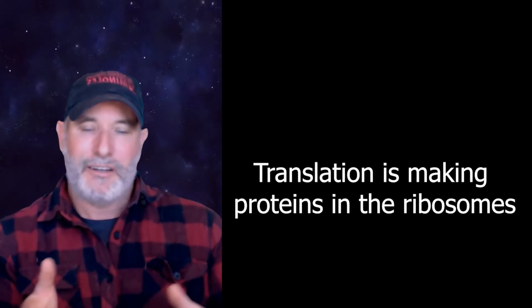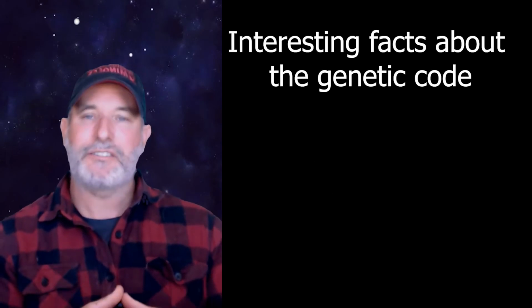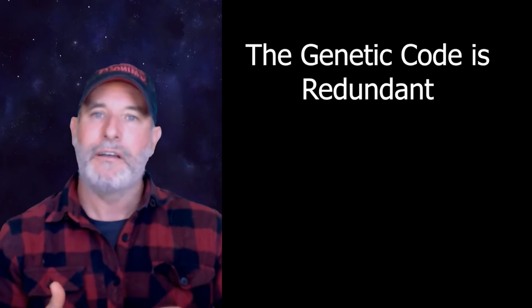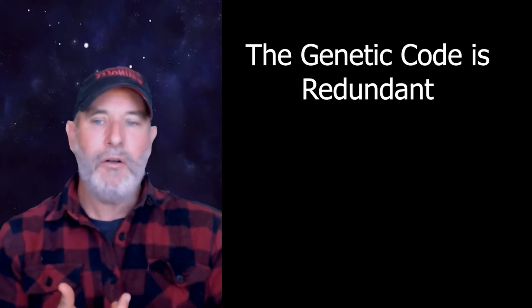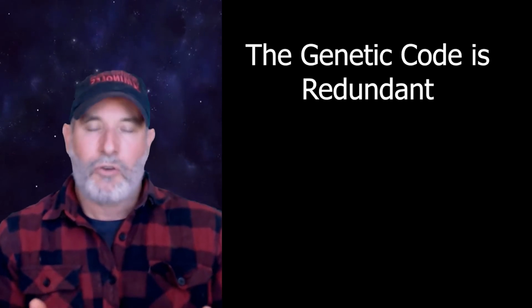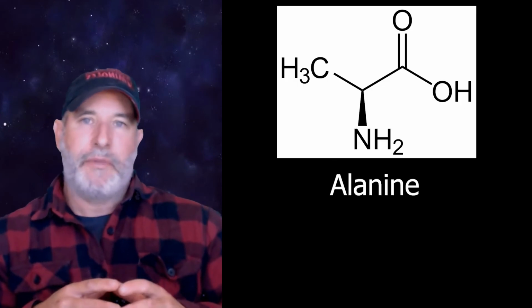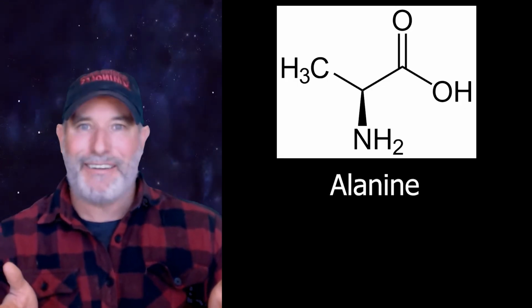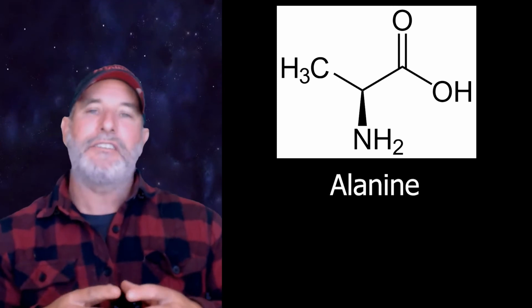Okay, so there's our genetic code, right? Here are some more interesting things about the genetic code. First of all, it's redundant. And you already know that, right? Let's look at the amino acid, I don't know, alanine. I'm looking at my chart. Yeah, alanine. Okay, here's how it's redundant.